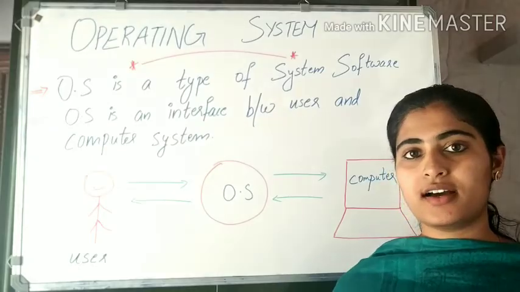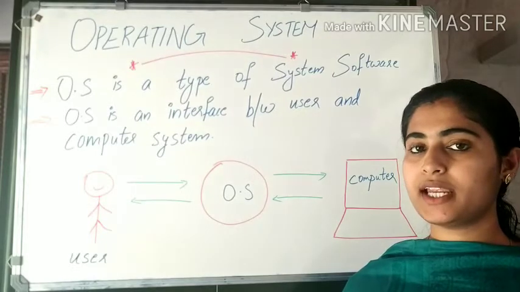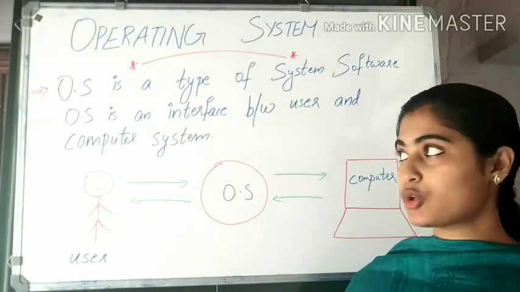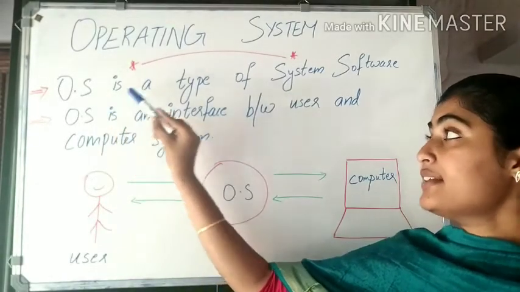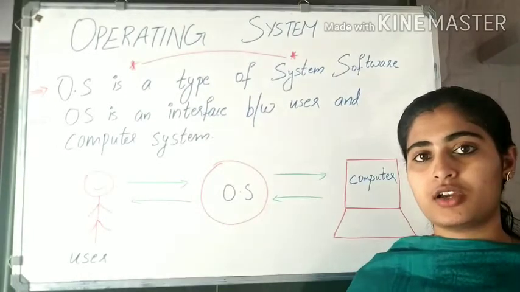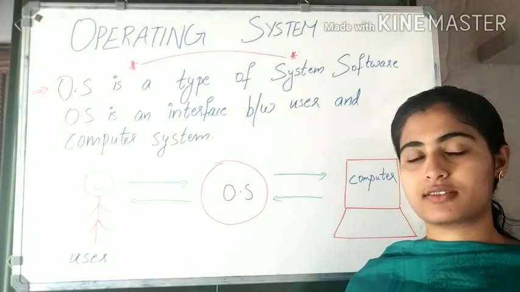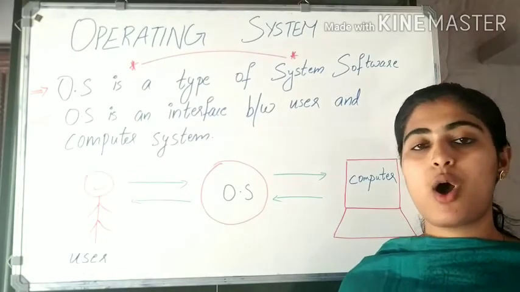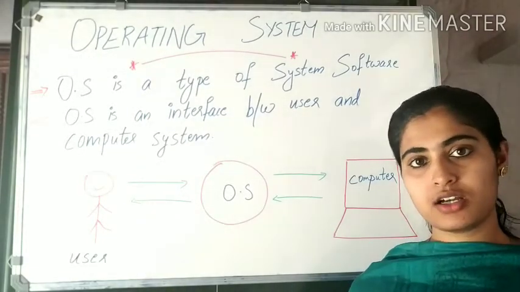Okay. So, now we'll be studying about the main topic, that is operating system. What is the first point given? Operating system is a type of system software. You know what a system software is. That is, system software is the one that manages all operations inside a computer.